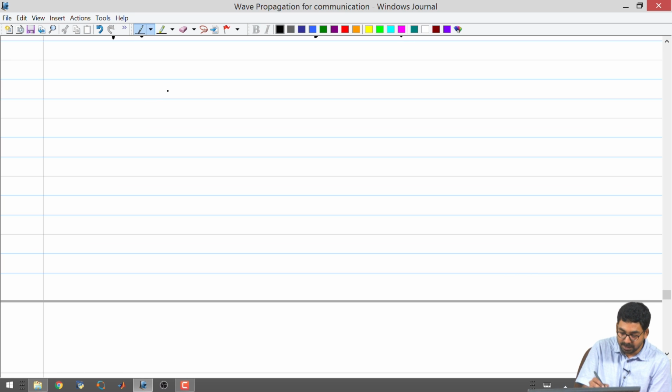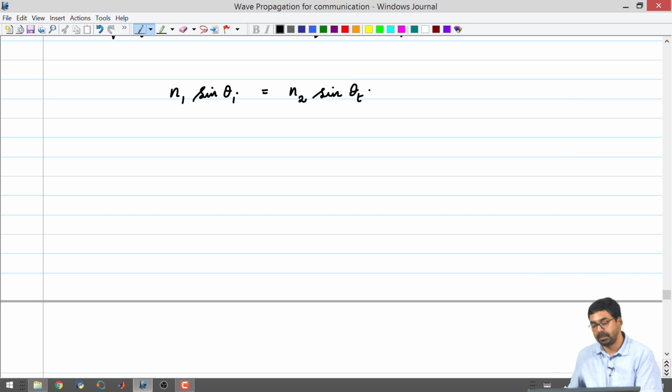So, we will start with Snell's law, n1 sin theta I equals n2 sin theta t. You could also write this down in different way, I mean we already did this before, alright.